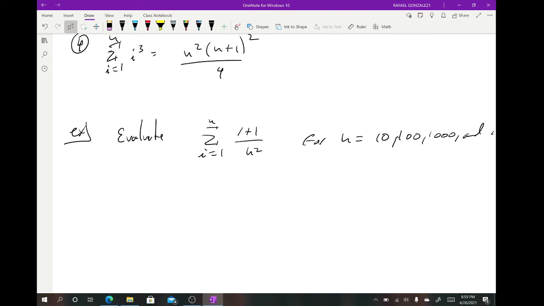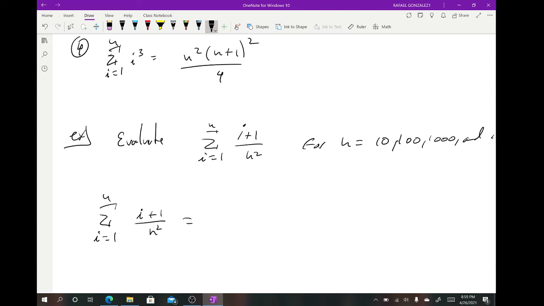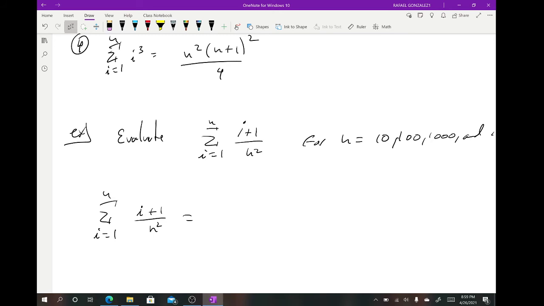Now, the first thing I will do is just rewrite this. So this is I equals 1 to n of I plus 1 over n squared. So the first thing that I would do is notice that this n squared is not depending on I. It's not being multiplied by I. There's no I's being added to it.